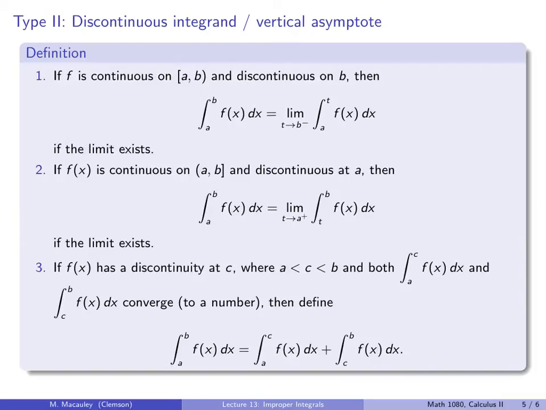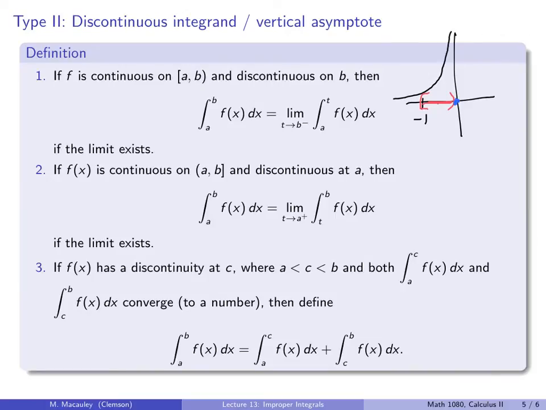So this is saying if f is continuous on [a, b) and discontinuous at b, let me draw a picture of what that might look like. This function is continuous on this half interval, but it is discontinuous at that point.